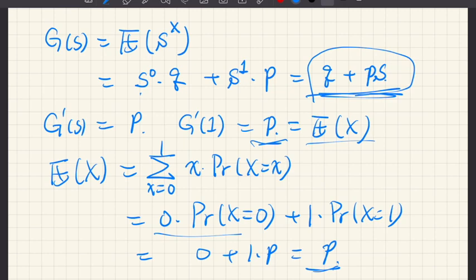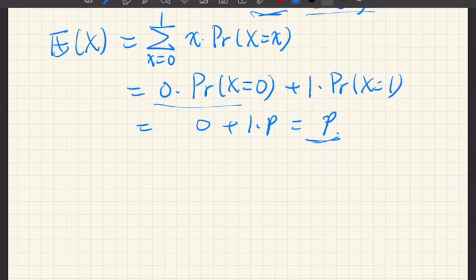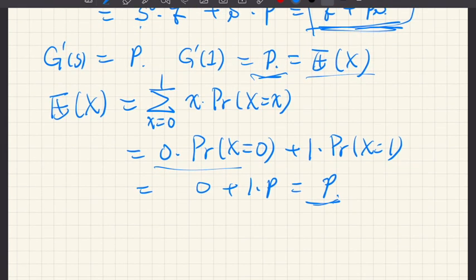What about the variance? In order to get the variance, first we differentiate the probability generating function once again, but the first derivative was already a constant, so the second derivative is 0.